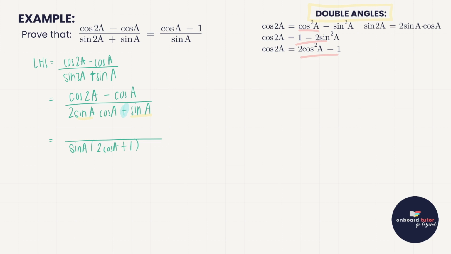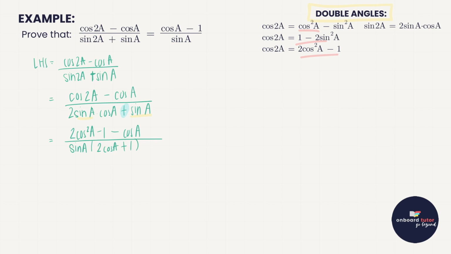Okay, and now I am ready to choose which double angle I can sub out here. Okay, so looking at this, I've got a sine a, and then this bracket, and here in the answer I want to have a sine a. So I need something in my numerator that's hopefully going to cancel this bracket. And so if I look at my options here, I feel like this third one is probably the best bet.